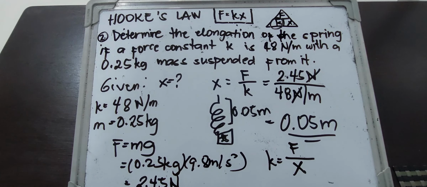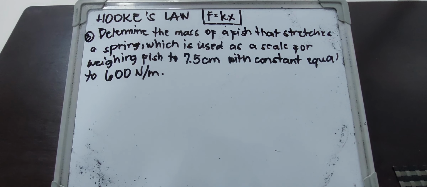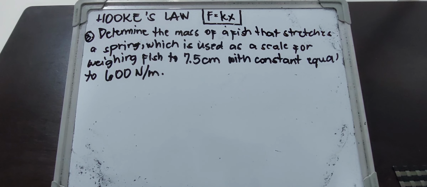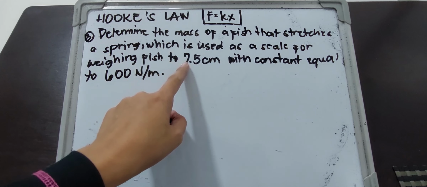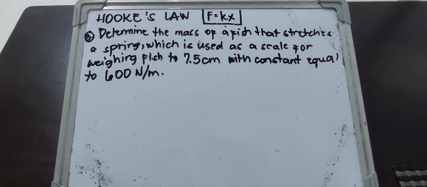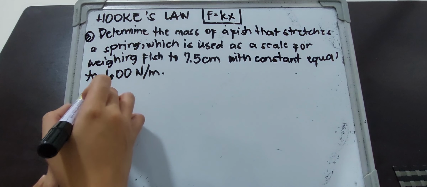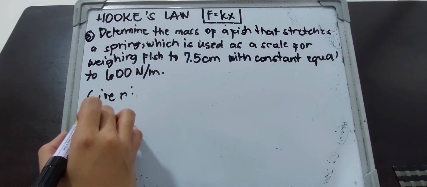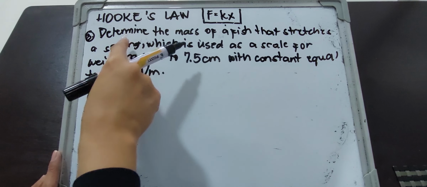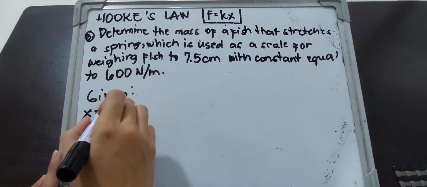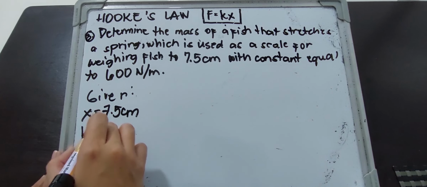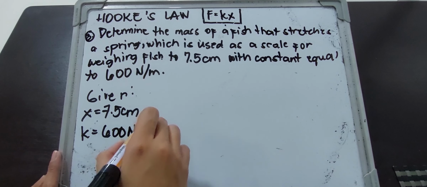Okay, so next example. So determine the mass of a fish that stretches a spring which is used as a scale for weighing fish to 7.5 centimeters with constant equal to 600 newtons per meter. So our given is the elongation kasi yung spring daw ay na-stretch to 7.5 centimeters and the constant is equals to 600 newtons per meter.